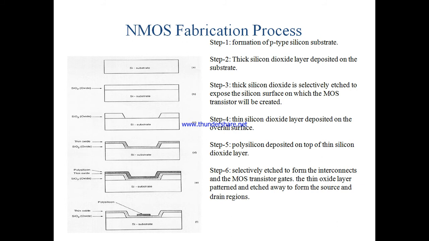That is, 1 micrometer thick silicon dioxide layer is deposited on the substrate. And third step is the thick silicon dioxide is selectively etched to expose the silicon surface on which the MOS transistor will be created.